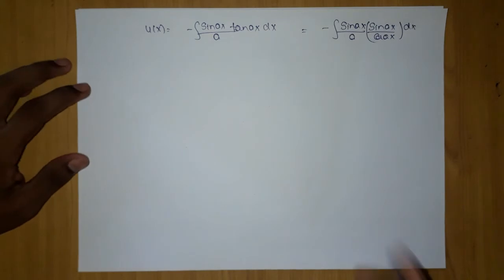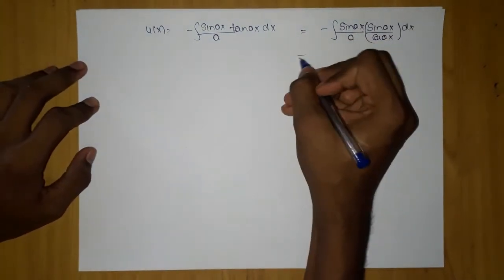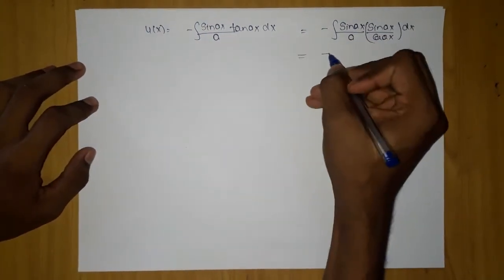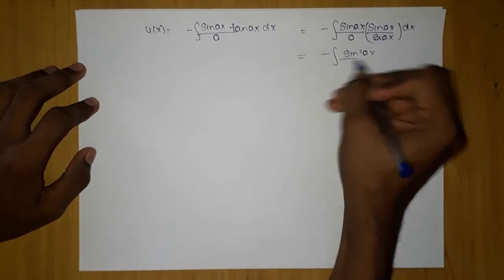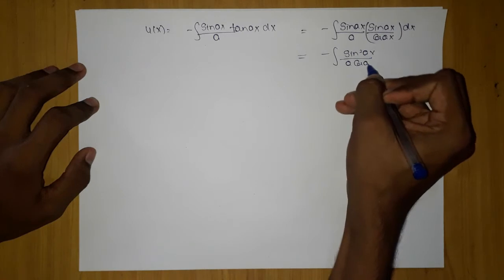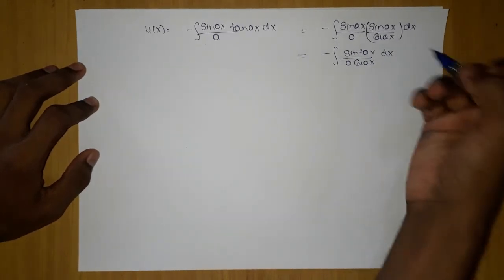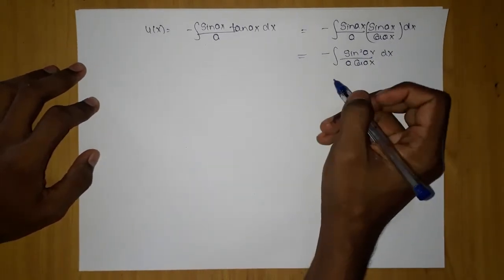So we are writing it like this. Here you can clearly see that this can be written as sin square ax by a cos ax into dx. Now we can write it in cos terms.